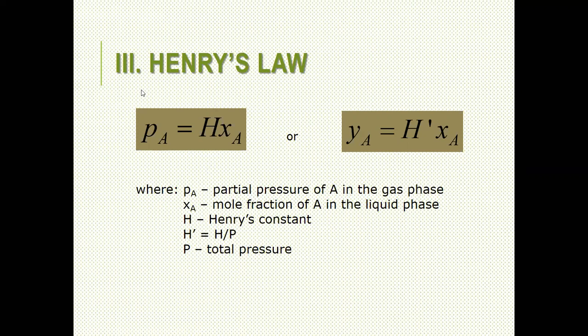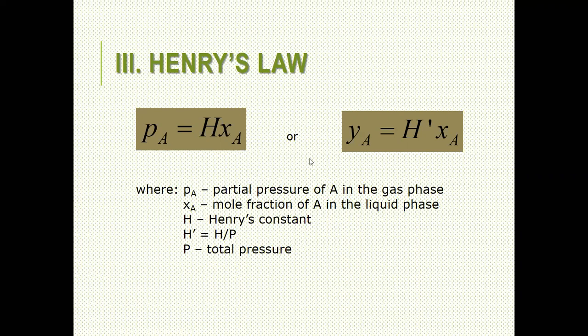Now, from Henry's law, we can derive a particular equation that this time relates the mole fraction in the gas phase of a component gas A to its mole fraction in the liquid phase of the same component A. But this time, your original Henry's law equation was divided by the total pressure of the system. So you divide the left side by P total, and the same also with the right side of the equation, so the identity or your equation is still intact.